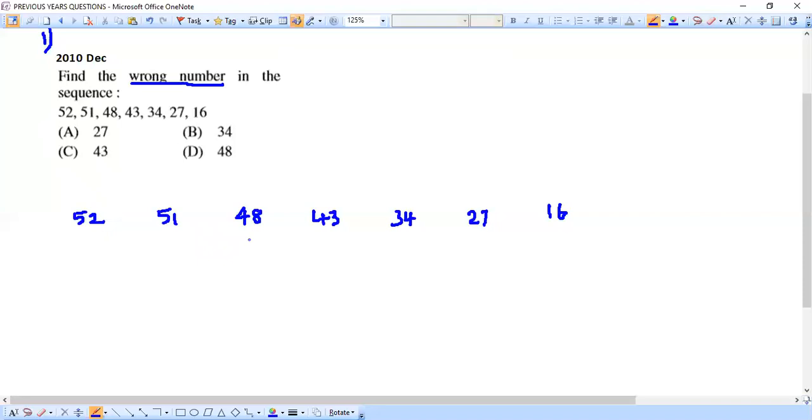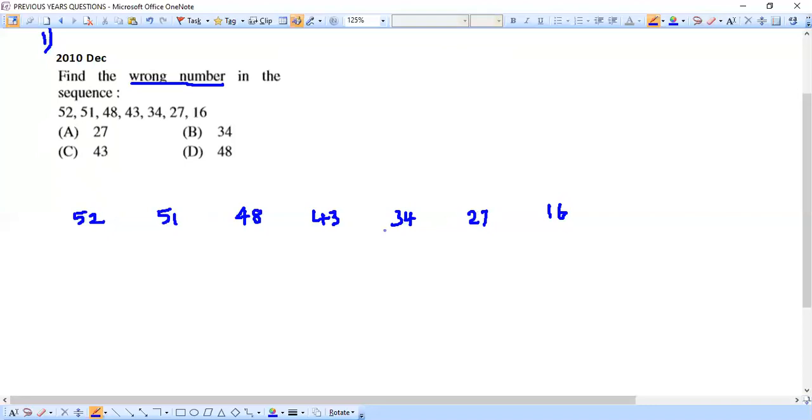At some particular term the pattern breaks, and where the pattern breaks will be the term which is wrongly placed. That's it. So we continue to form a pattern, but at some term we will not be able to follow or continue the pattern. The pattern will be getting broken.